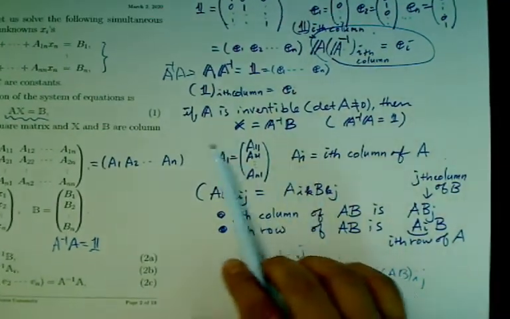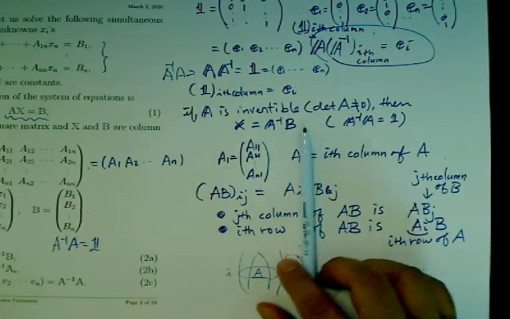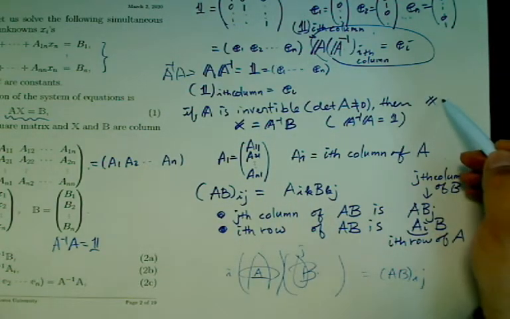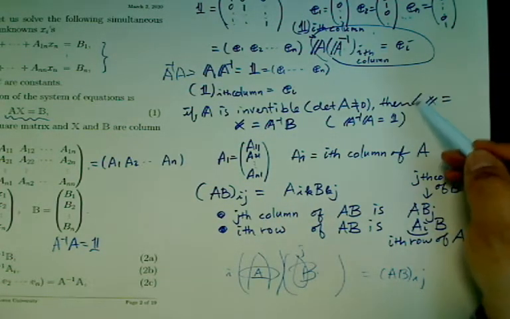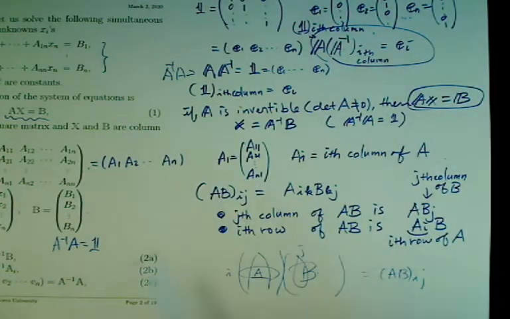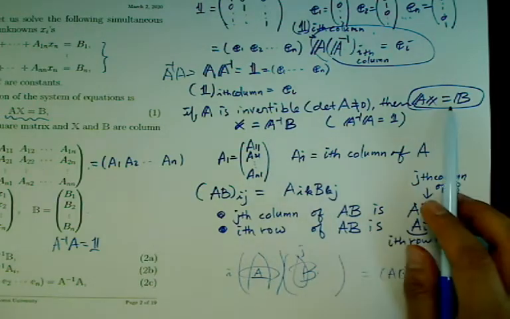In summary, if A is invertible, the solution for this equation will be x equals A inverse b.